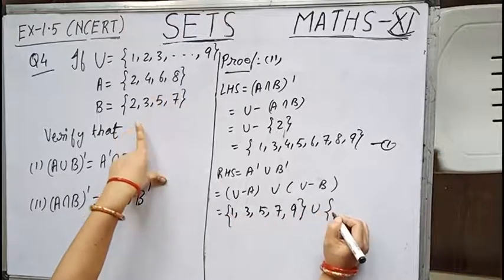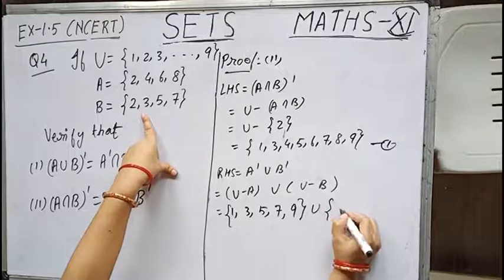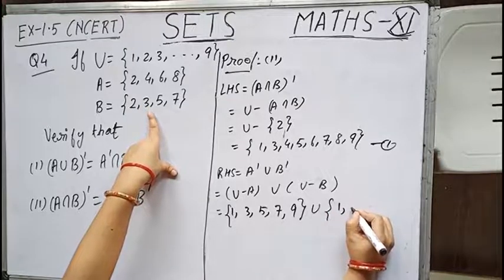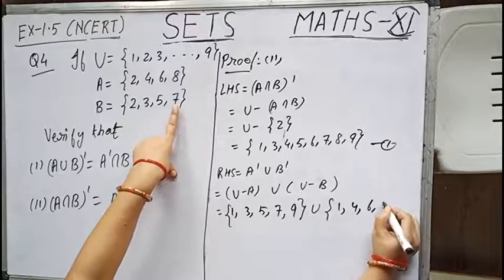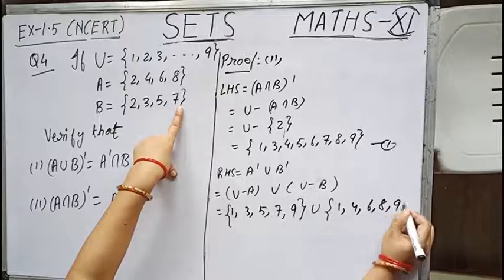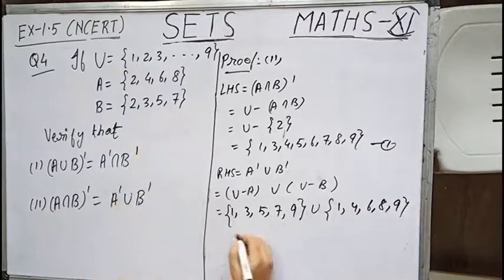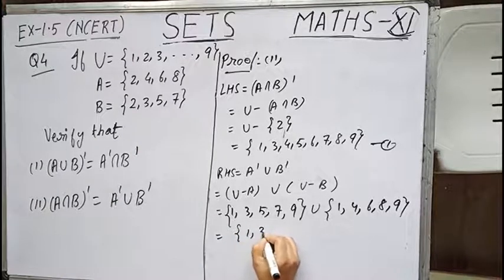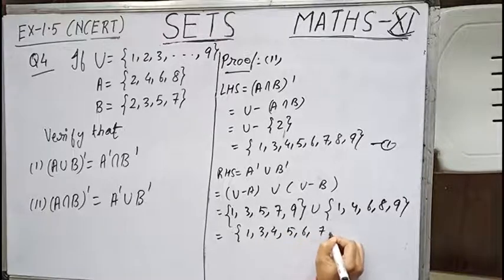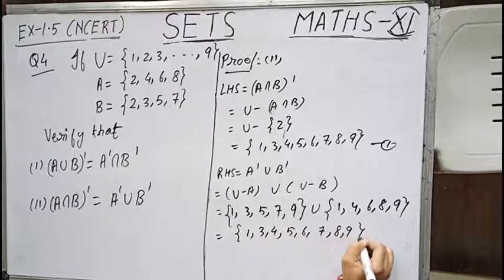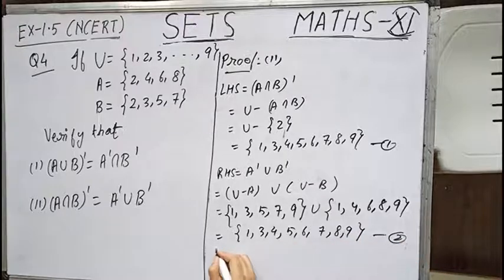Union U minus B. So U minus B: 1, 2 is here, 3 is here, 4, 5 is here, 6, 7 is here, 8 and then 9. Their union will be the set containing 1, 3, 4, 5, 6, 7, 8 and 9. Let us make it equation number 2.